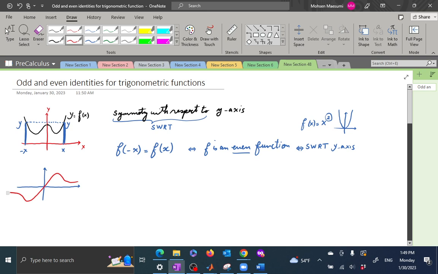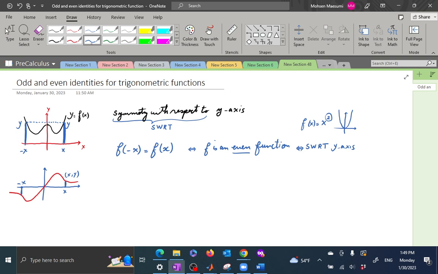So a wave looking function has this type of property that if you are on the right, at location x and y, if you go on the left, so now you're at minus x, the height is also the negative of what it was on the right.